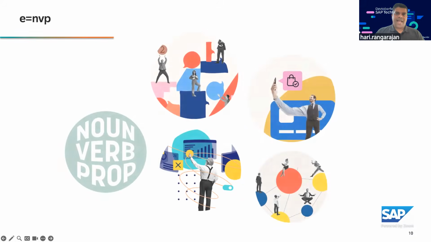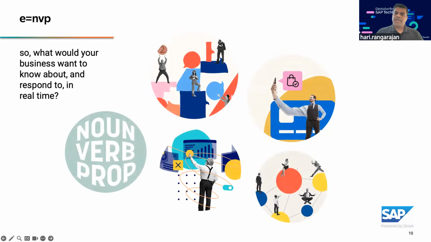So as you start adopting EDA, the first thing that you need to ask is, what are the things that your business stakeholders would like to know about and respond to in real time? This means that you can start visualizing your business process, each and every business process, as events. Now, what are events? Events are essentially something that has occurred in the past, right?